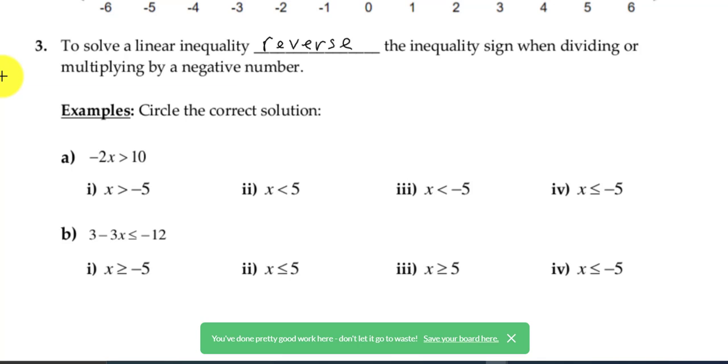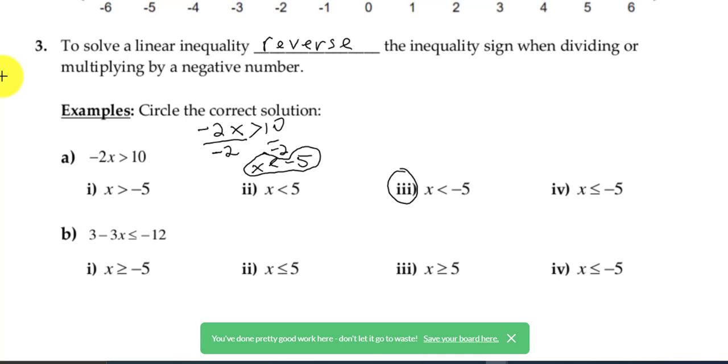All right, so if I have this negative 2x, I'm going to rewrite that up here. Negative 2x is greater than 10. To solve this problem, we have to divide both sides by negative 2. And you see, we have to reverse the sign, right, to get x is smaller than negative 5. Right, because we divided by a negative, so this symbol has to point the other direction. So x is smaller than negative 5. That would be the correct answer.